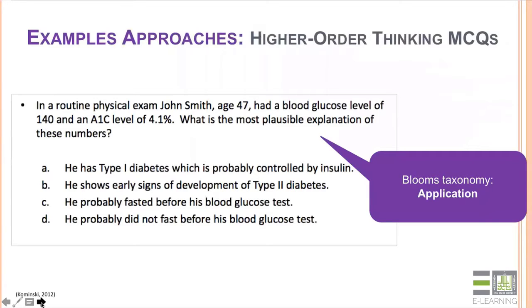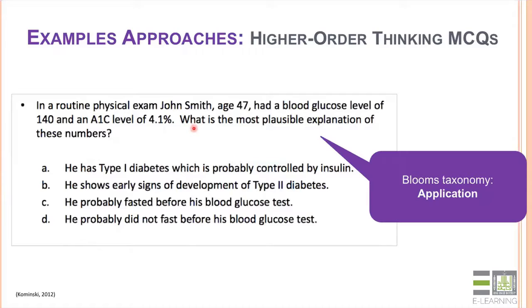One example is this. This question is a good example of how you can structure a multiple choice question to assess application. Application is where students are using information or procedures and applying them to a new situation. Here we've got a clinical, in a vague sense, example where the question relates to a patient with a specific age, and it details the blood glucose level of the patient.